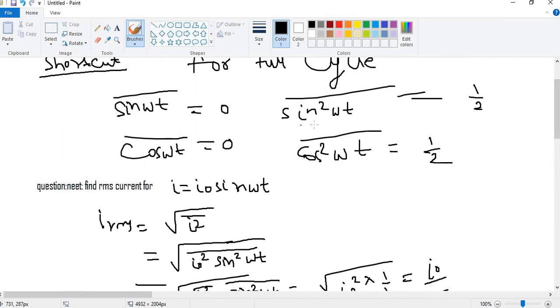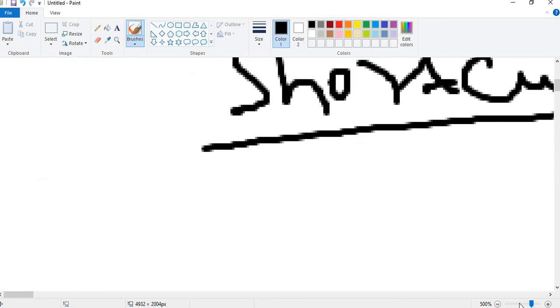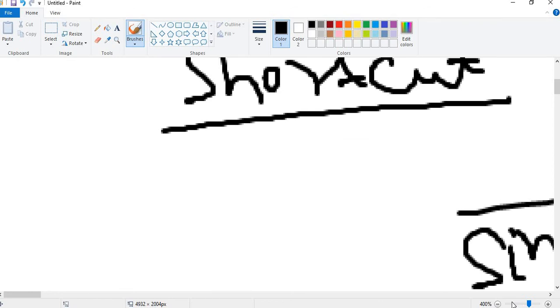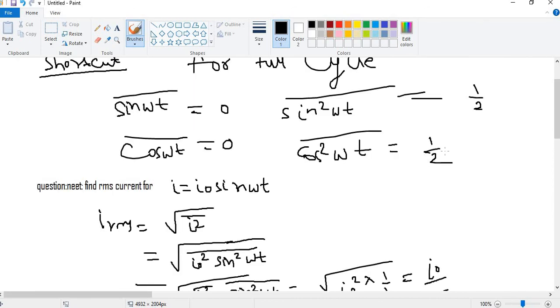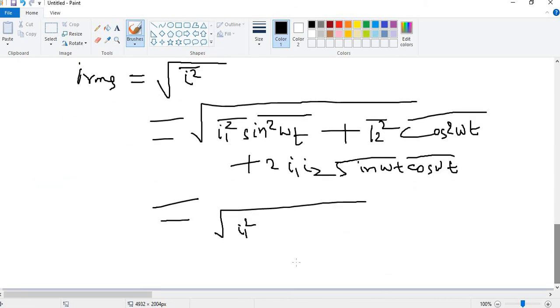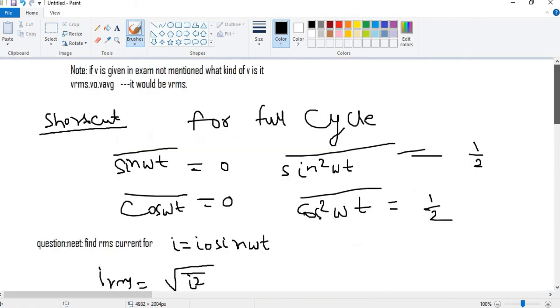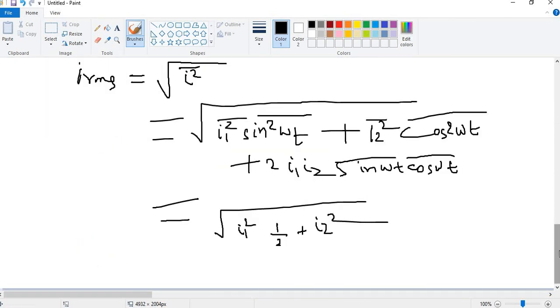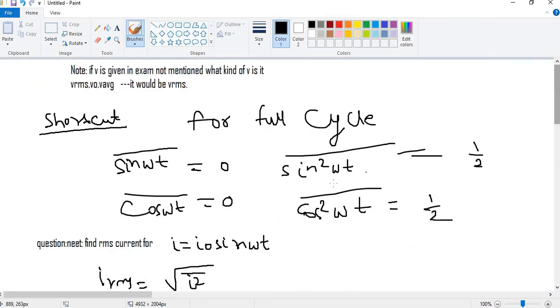The mean of sin squared omega t is 1 by 2, so it will be 1 by 2 times I2 squared. And the mean of cos squared omega t is also 1 by 2.